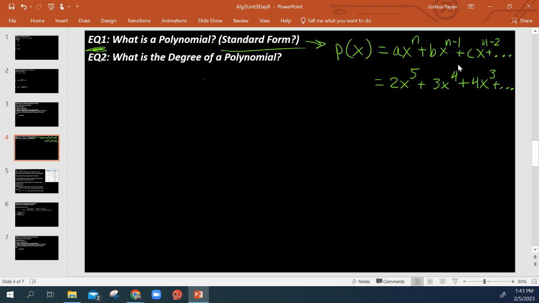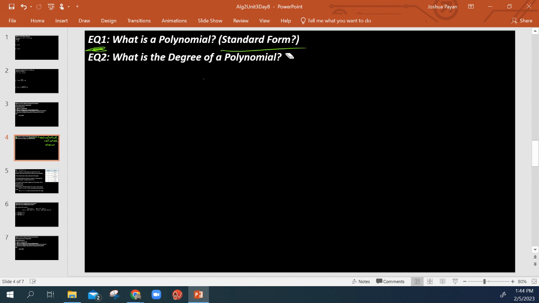So we've already talked about writing quadratics in standard form where we have ax squared plus bx plus c, right? So we have 2, 1, and 0 here. This is not really anything new. Standard form is just where we're writing in descending order from the highest degree term to the lowest degree term.